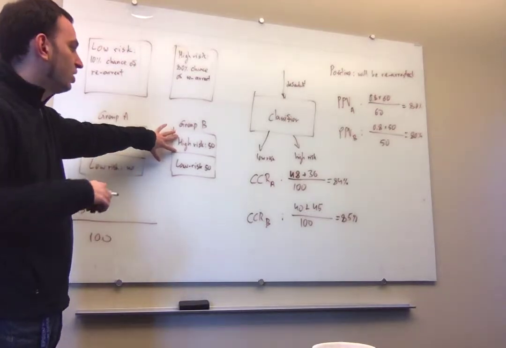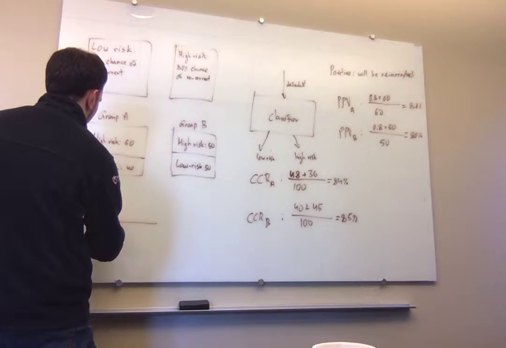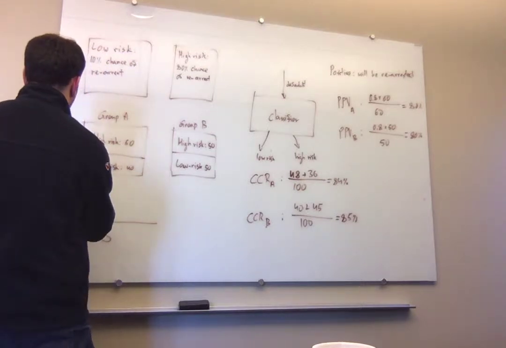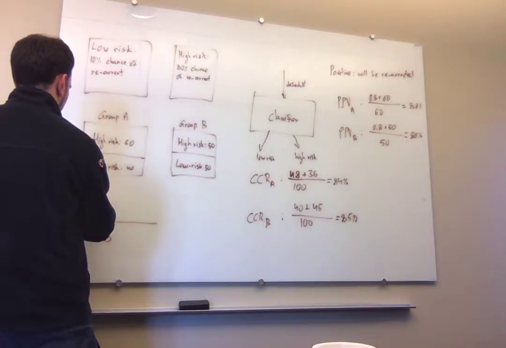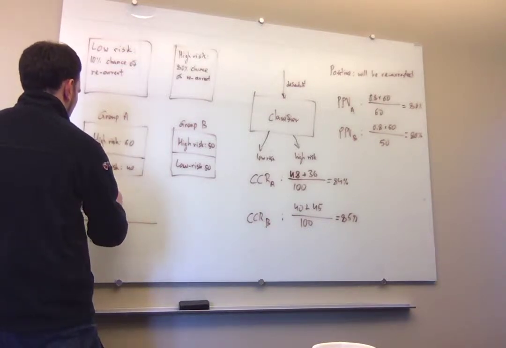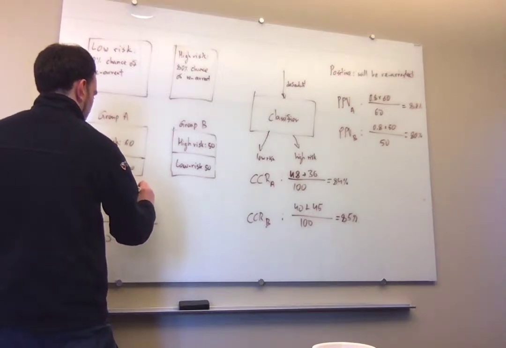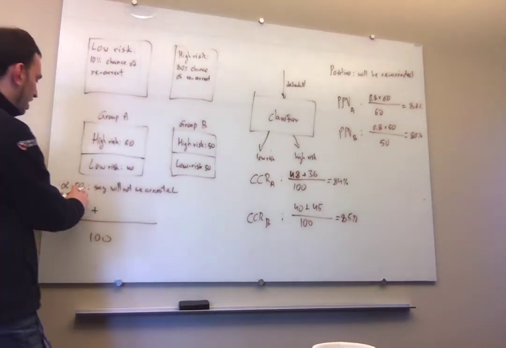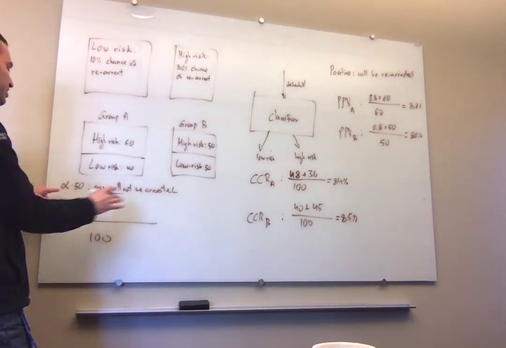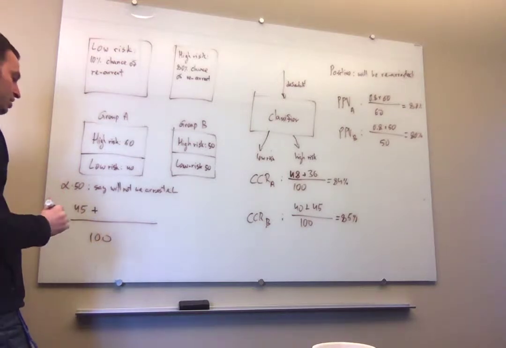So for alpha times 50, I say that they will not be arrested. For example, if I want to say that one person out of the 50, even though they're high risk, will not be arrested, then alpha is going to be 0.02.